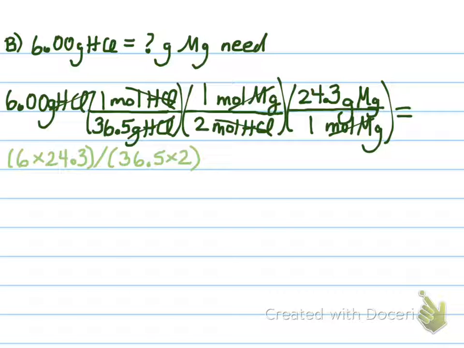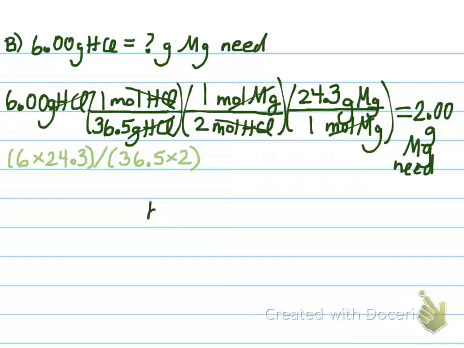So 6 times 24.3 divided by 36.5 times 2. And I get, with 3 sig figs, 1.997. So I'm going to say it's 2.00 grams of magnesium that we need.